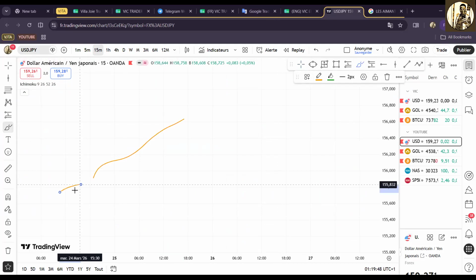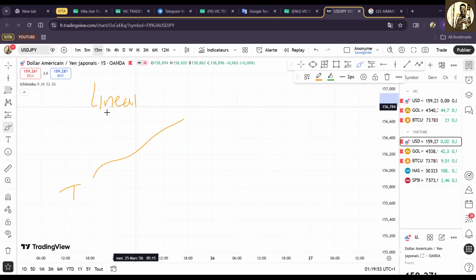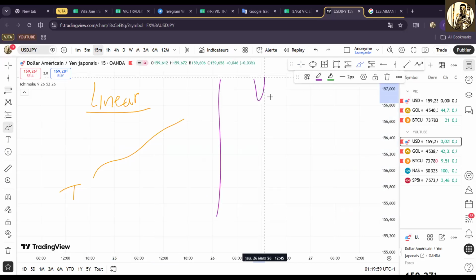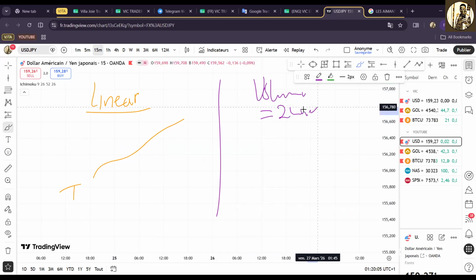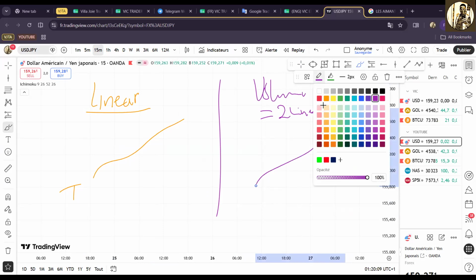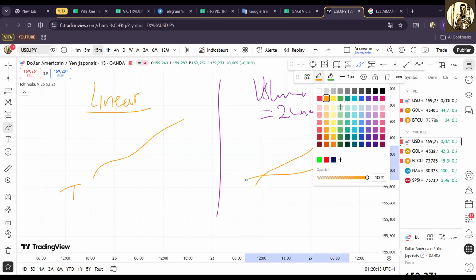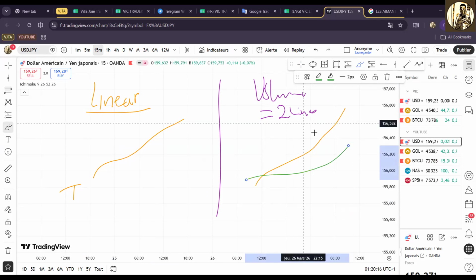For example, the Tenkan line, that is linear. And the other thing will be volumic. Volumic is equal to two lines. It will be equal to having Tenkan and Kijun crossing. It is the cross of two lines. That is what I call volumic.